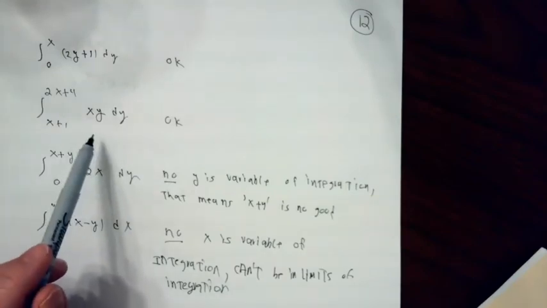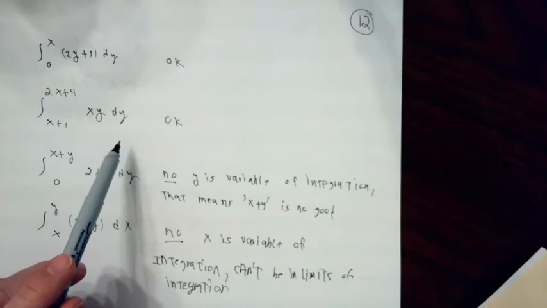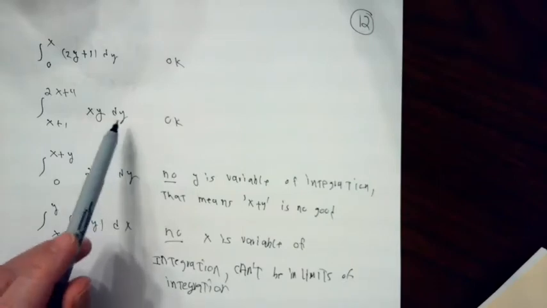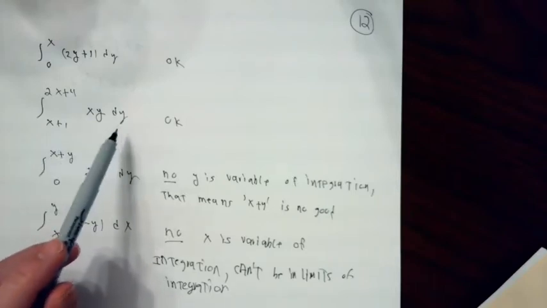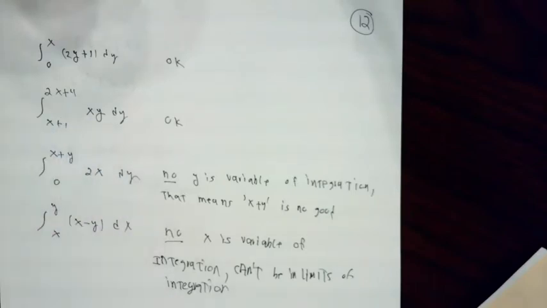Integral of xy with respect to y, integrated from y equals x plus 1 to y equals 2x plus 4. The variable of integration is y. y does not appear in the bounds of integration, so everything is fine again.